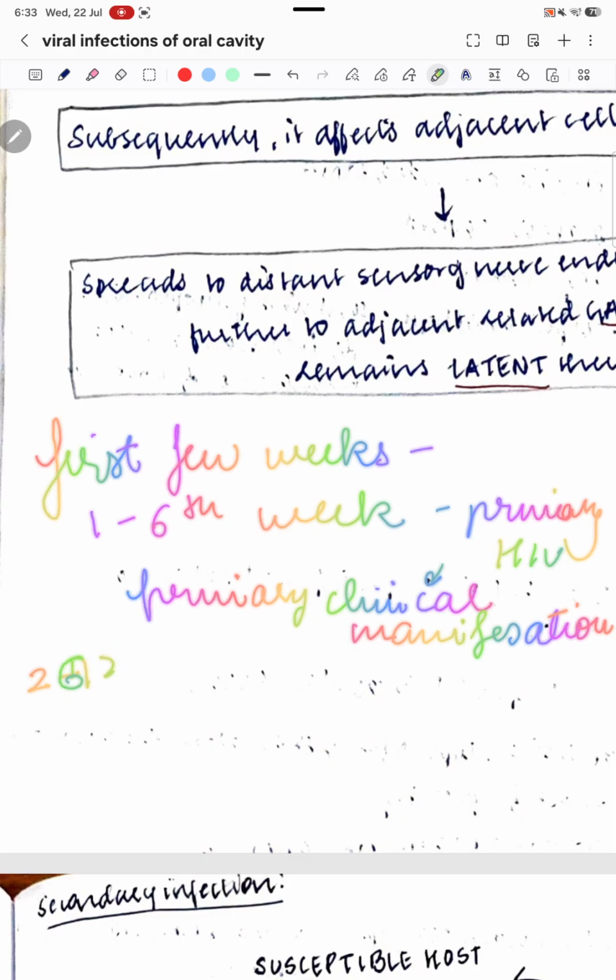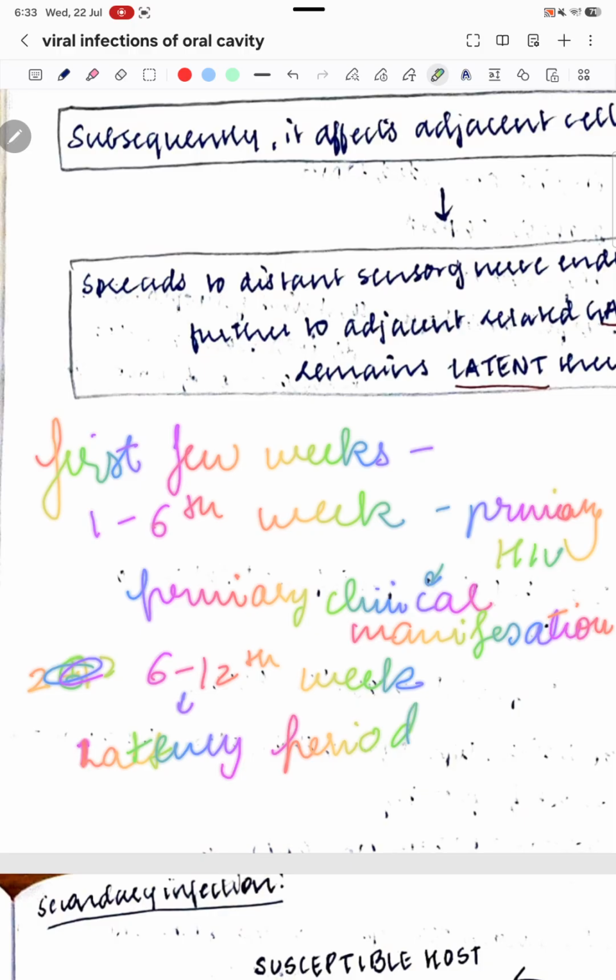So after the 6th week, from the 12th week onwards, you see something called the latency period. This period is nothing but the period of arrest. We don't use the word arrest because there is nothing that is getting arrested, but you have your immune response. That's why we call it a latency period.